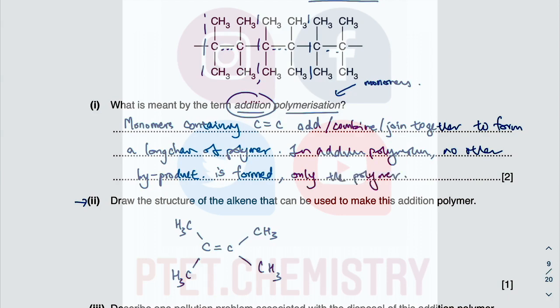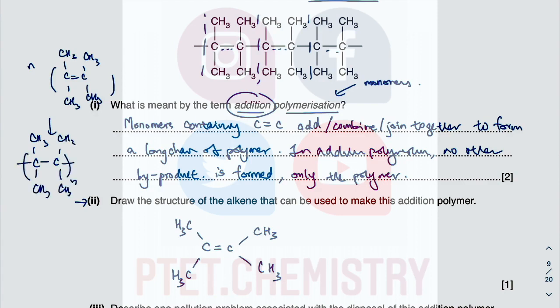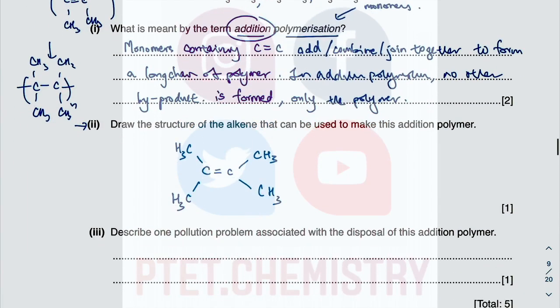Okay, so basically you can talk about n number of CH3, CH3, CH3 will give you CH3, CH3. It's not exactly balanced like that, but essentially there's nothing else that is kicked out. One molecule of it gives you one of that, yeah?